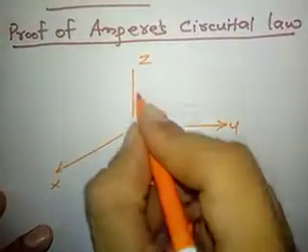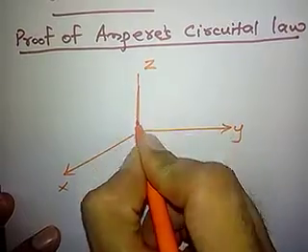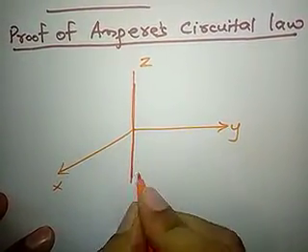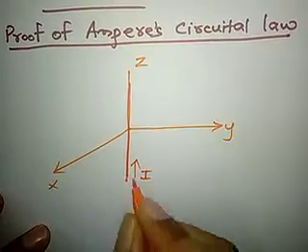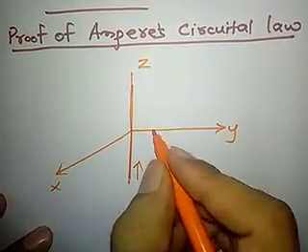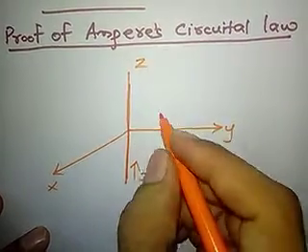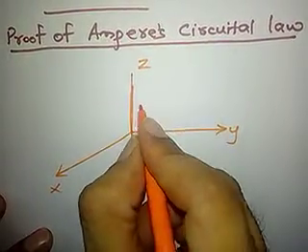Suppose I consider the current carrying conductor along the z-axis, carrying the current I. Surrounding this conductor there will be concentric, circular flux lines, is it not?